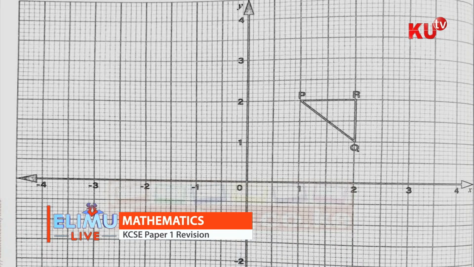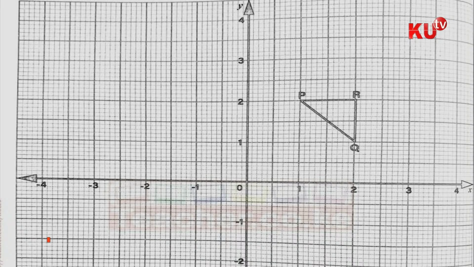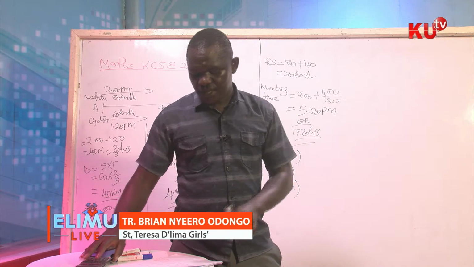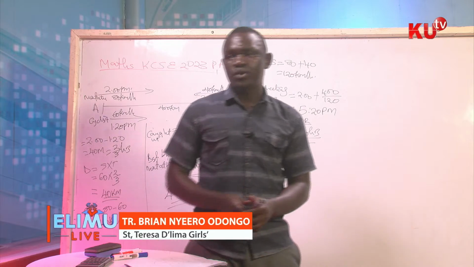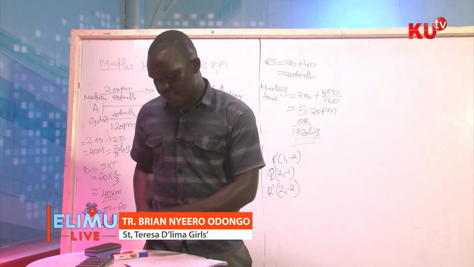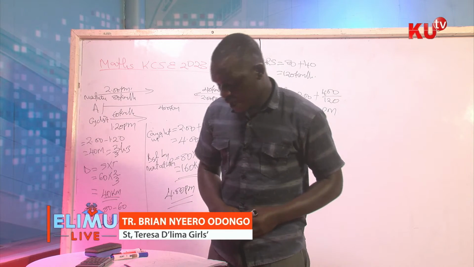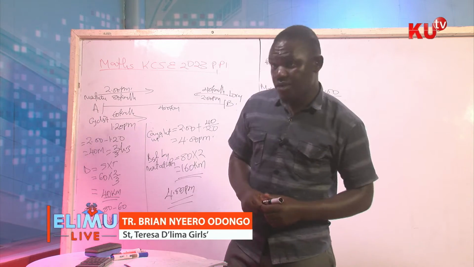If for example you've gotten 4, take 4 times 1.5, you'll be getting 6. Then that 6 will be the distance of the image. That is by measurement. But another student will say, I am going to do the counting technique. If you do the counting technique, let's see, I want to get my P double prime.